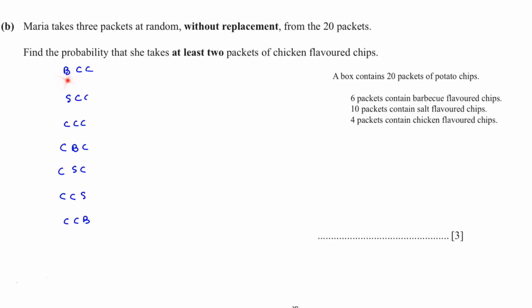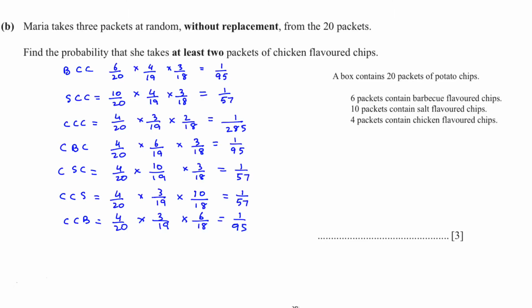So we can have barbecue, chicken, chicken; salt, chicken, chicken; chicken, barbecue, chicken; chicken, salt, chicken. The first packet is chicken, the second is chicken, and the third is salt. The first is chicken, the second is chicken, and the third is barbecue. Also remember that this is without replacement, so the total number of packets keeps decreasing. And this is what we will get.